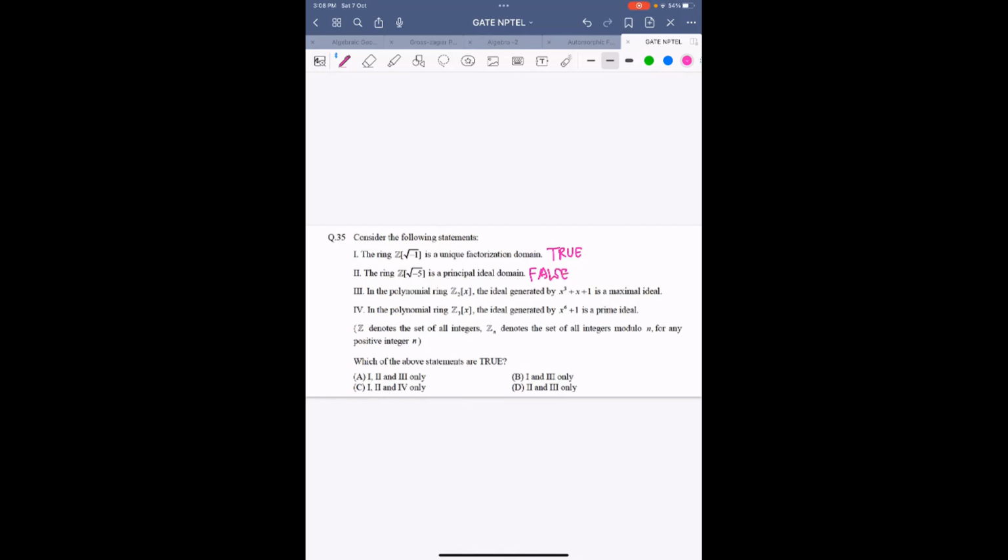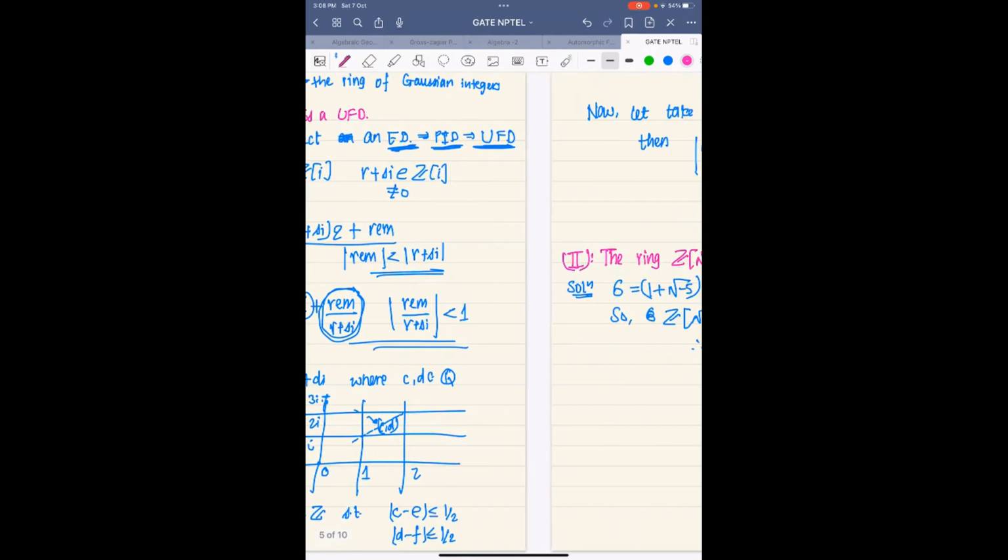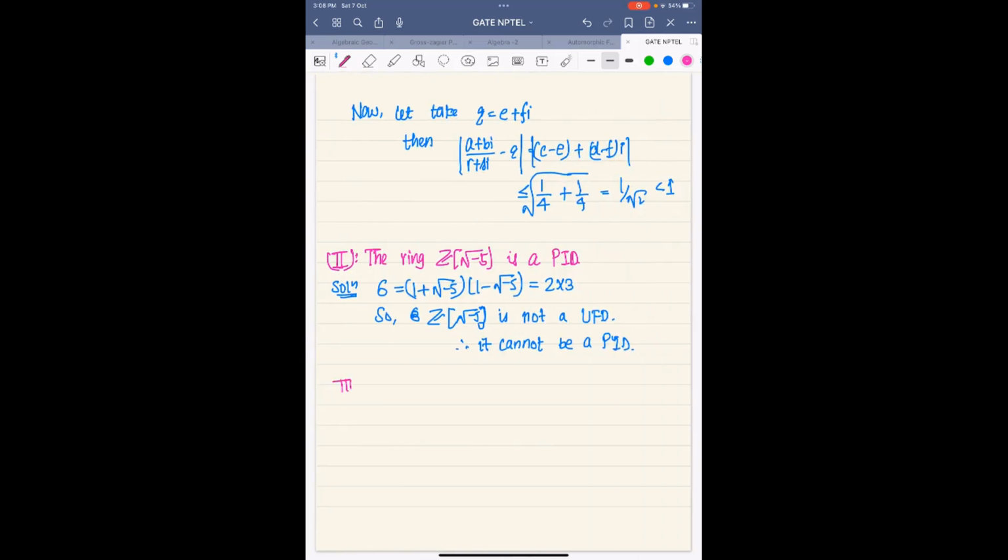The third statement, we are given this polynomial. The third statement is that x cubed plus x plus 1 generates a maximal ideal in Z2[x].